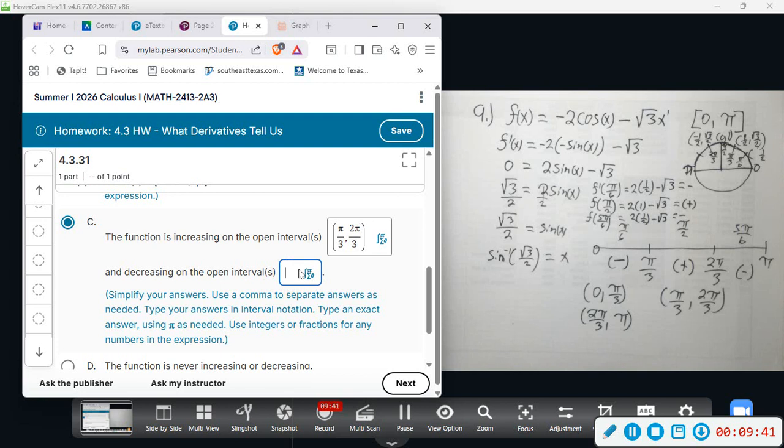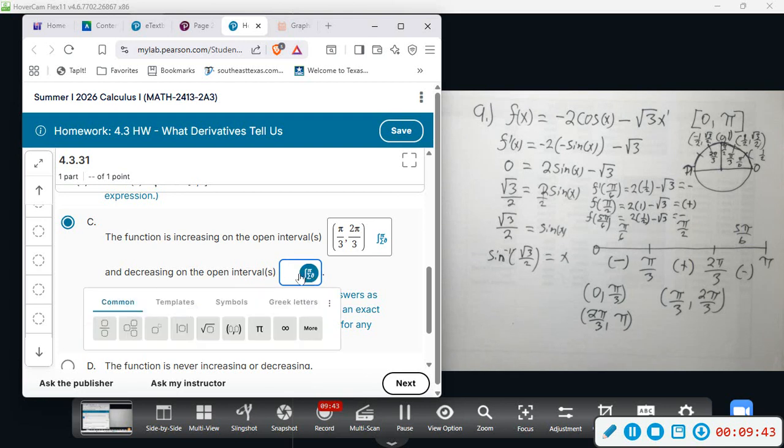Now we got our decreasing interval. We have 2 of them. Separate with a comma. Go ahead and add both of them here.